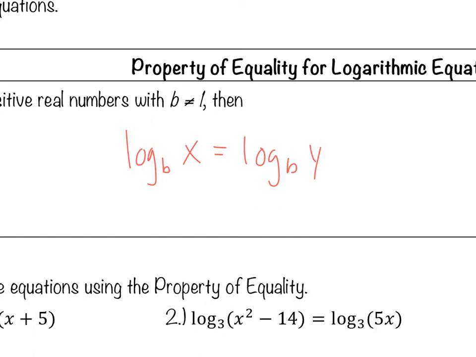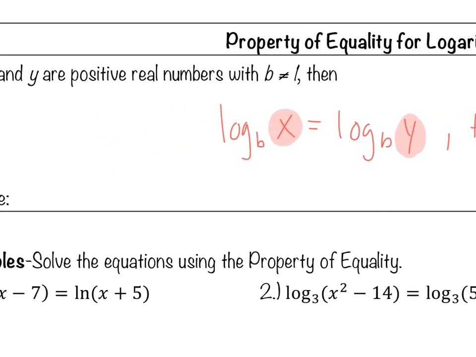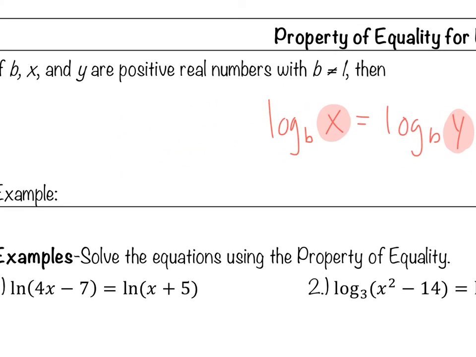Then it is simply x equals y. Whatever the log is of, you set these equal to each other. So it's the exact same as the property of equality for exponentials.